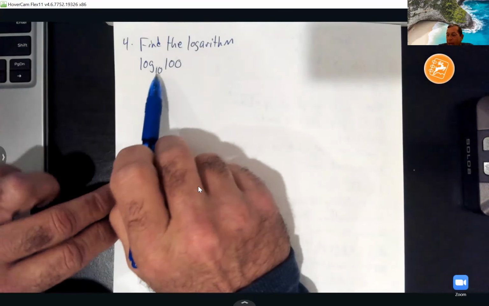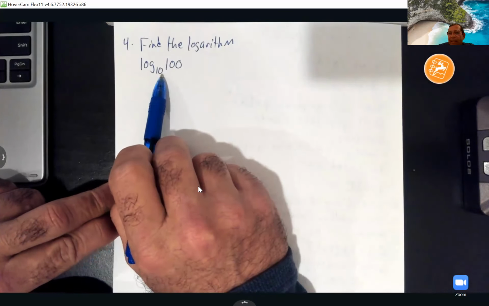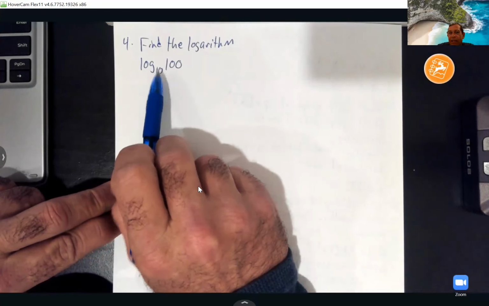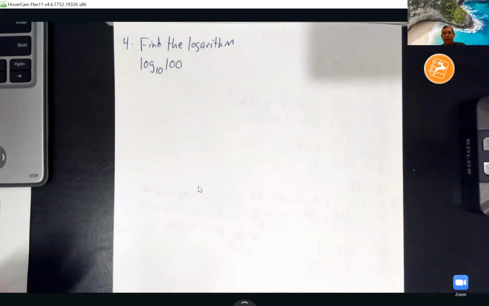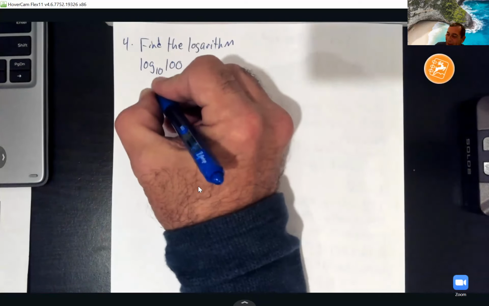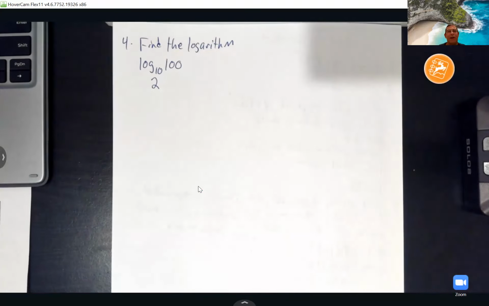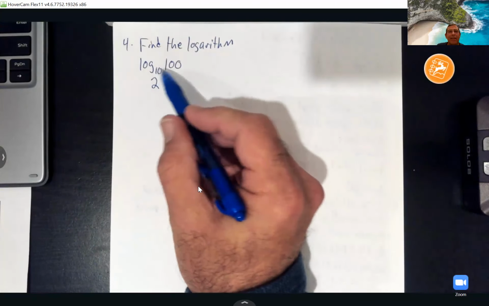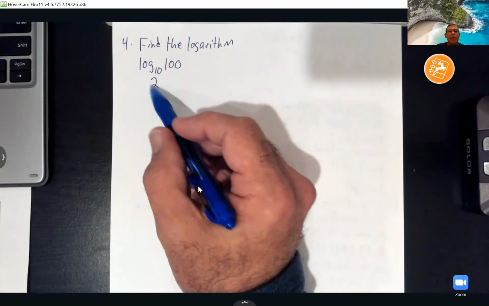So I'm looking for the exponent that I would raise this 10 to turn that 10 into 100. So basically, how many times you got to multiply 10 times itself to equal 100? And that'd be a 2, right? 10 times 10 is 100. So the exponent would be a 2.